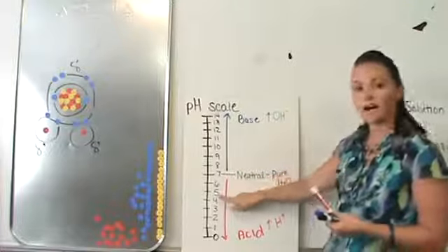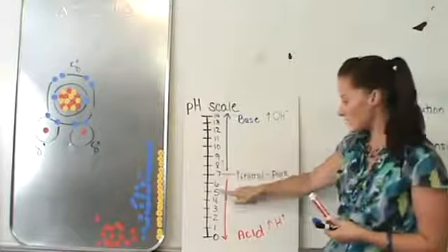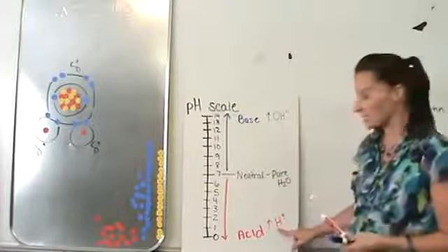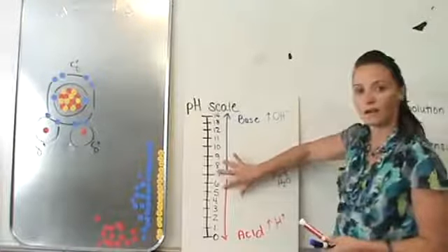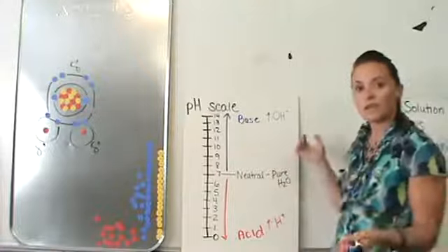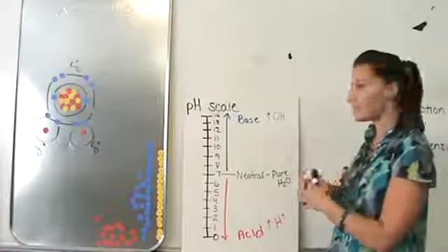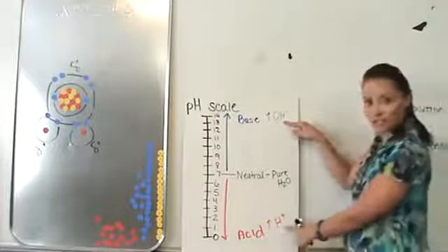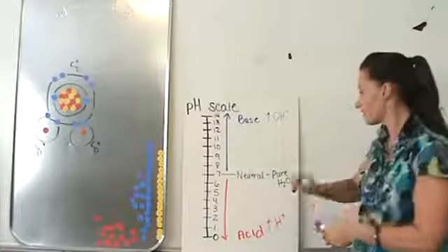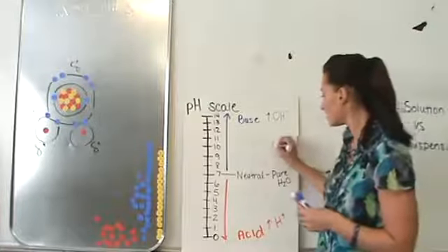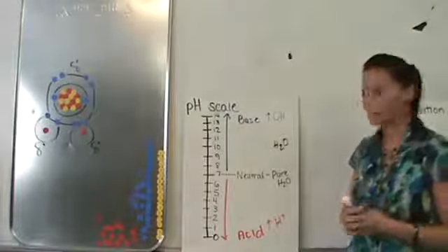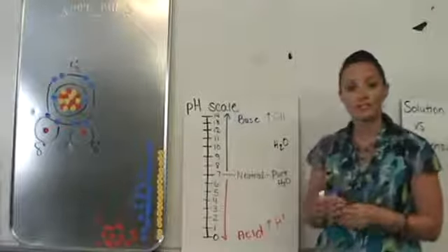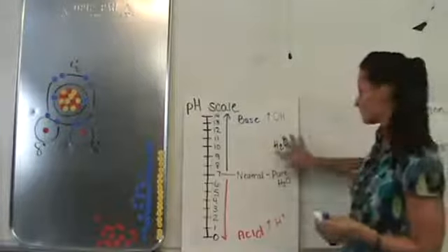A pH of 5 actually has the same number of H plus ions in it. So if it's the same distance away from 7, it's got the same number of ions in it. So what's going to happen? When we mix them together, those OH minus and H plus are going to join together, and we're going to form H2O, and we're going to be able to neutralize whatever it is we have.